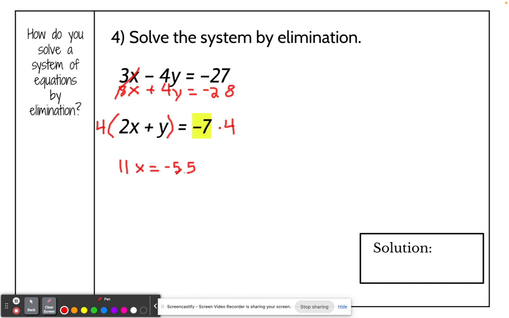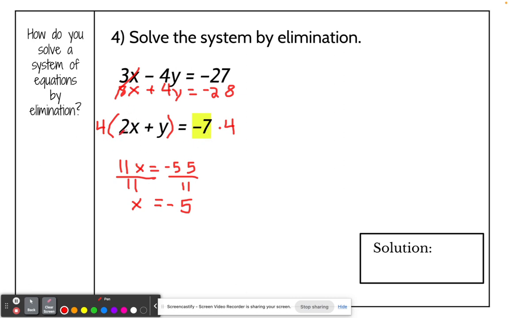Let's divide both sides by 11. And I get x is equal to negative 5. I'm wondering if the reason that's highlighted is we might have left that number blank in your notes packet so you could fill it in.